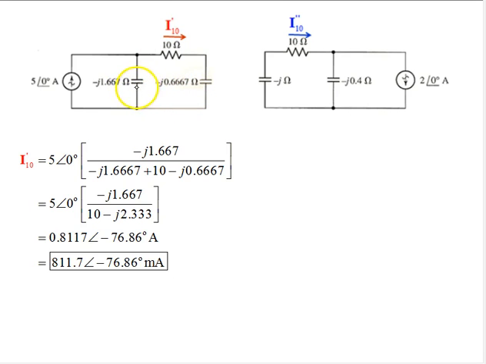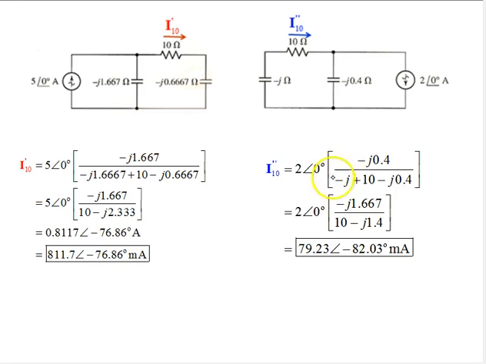We realize with current division the admittance is a little bit easier, but we'll just use the impedance of the opposite branch divided by the sum of the branches, and we can then find our I10 prime phasor using current division. We can find our I10 double prime phasor also using current division. This 2 amp source is flowing downward, so it's going to be flowing upwards. We just use through each of these branches, and the sum of these then 2 currents will be our final.